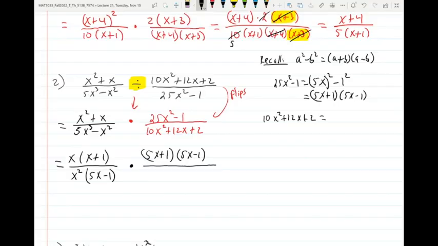Common factor, right? To see, is there a common factor here? We could take out 2 at least, right? So let's do it. So it's going to be 2 times, and then we get 5x squared plus 6x plus 1. So at least we are working now with smaller numbers, okay? Better.